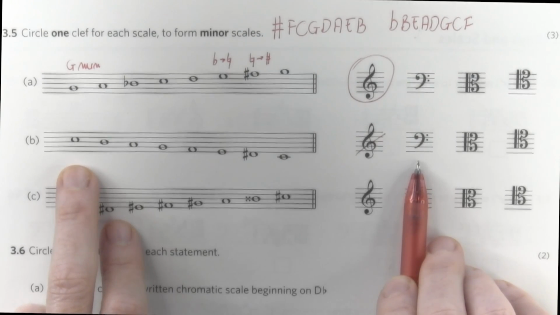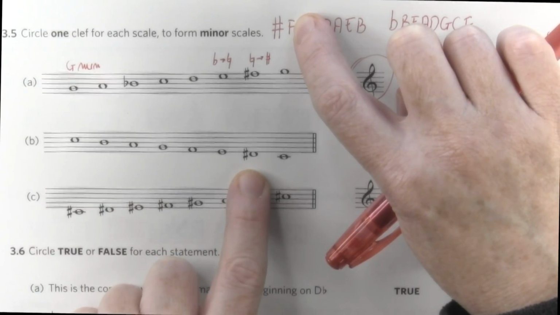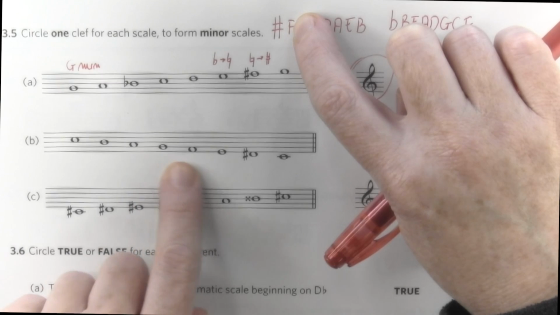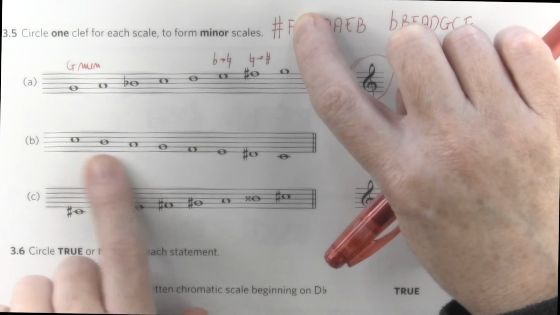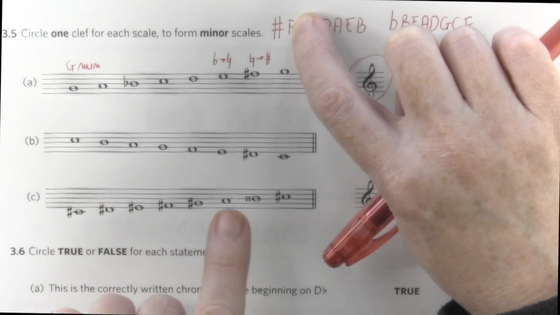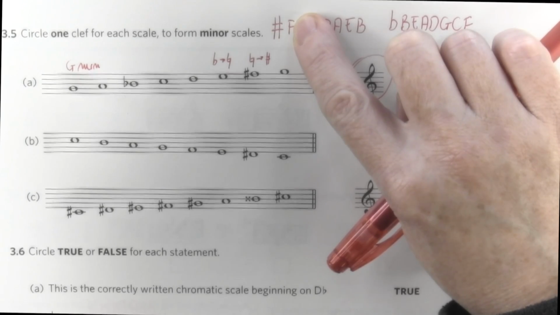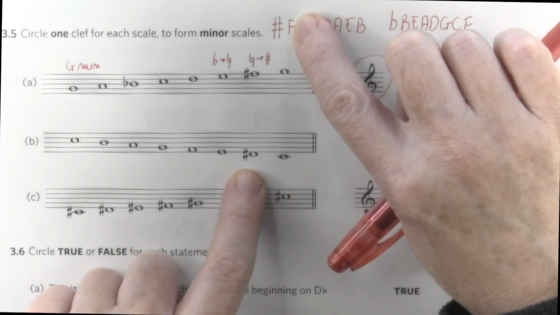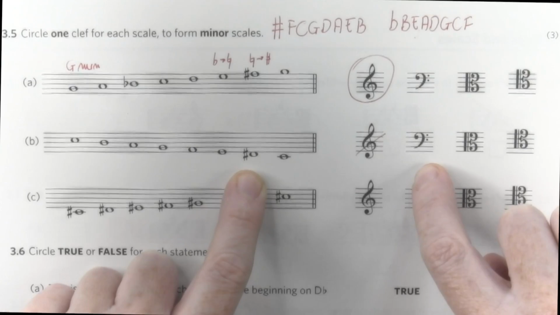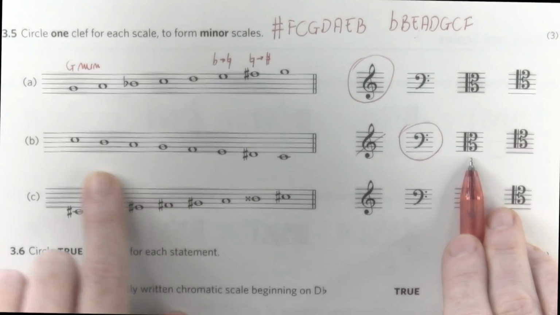E minor is the relative minor of G major, and G major has just one sharp, which could be this one. On the way down, this scale could be natural as well, because if it is melodic or natural, on the way down is natural, which means that it has the same sharps as per the key signature. In this case, just Fa. So I think that the answer is the bass clef, but I'll circle it now, but let's double check.